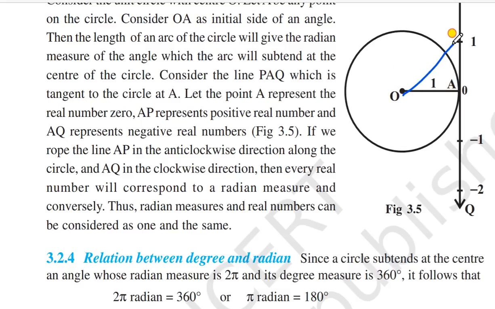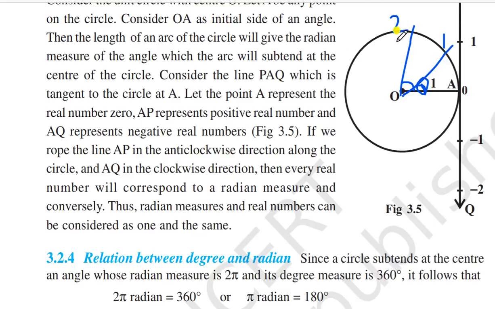This could be 160 degrees too, and this could be 2 rads, and this could be 1 rad. So it could be different for different radiuses and different arc lengths, but the ratio will be the same.